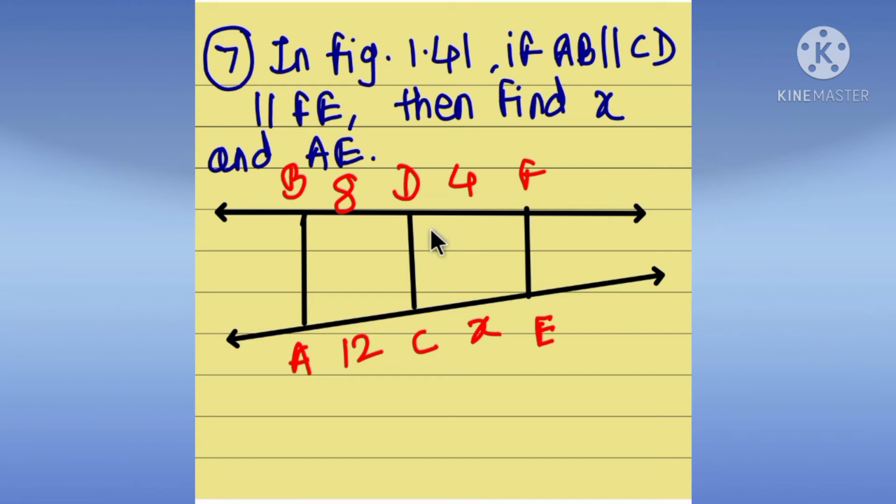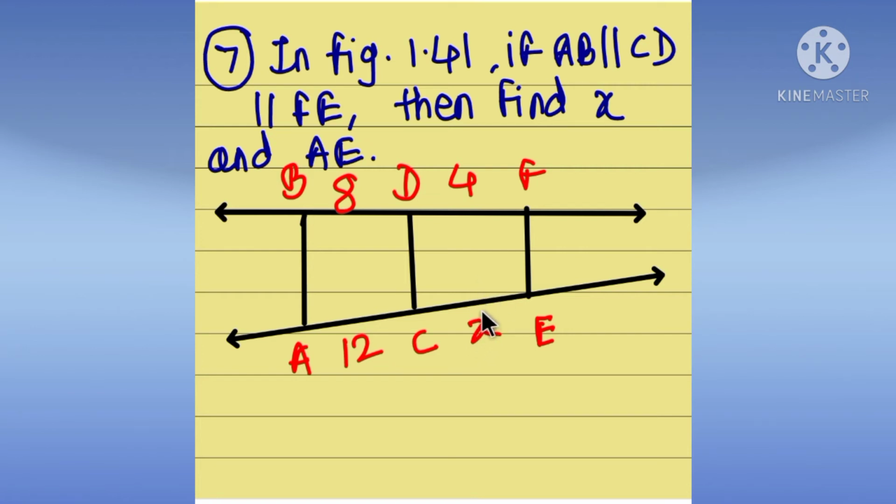Here we have given a figure in which segment AB is parallel to CD and CD parallel to FE, and we have given the length of BD equal to 8, length of AC equal to 12, length of DF equal to 4, and length of CE equal to X.